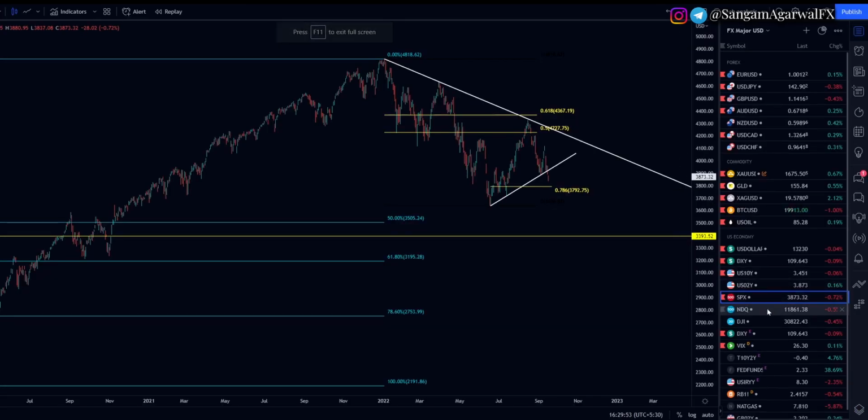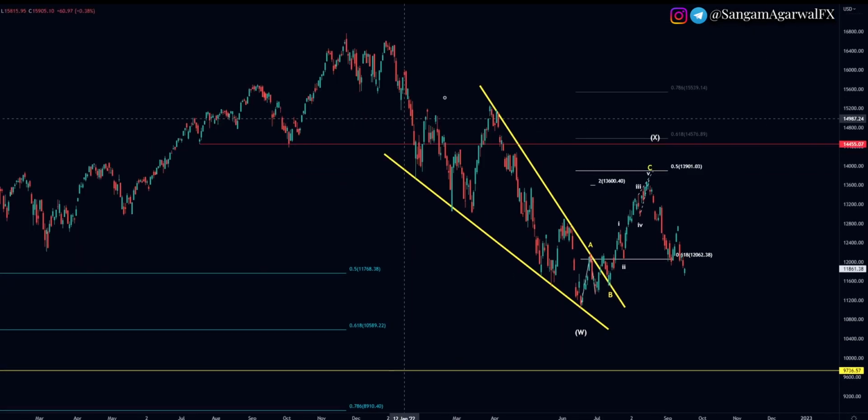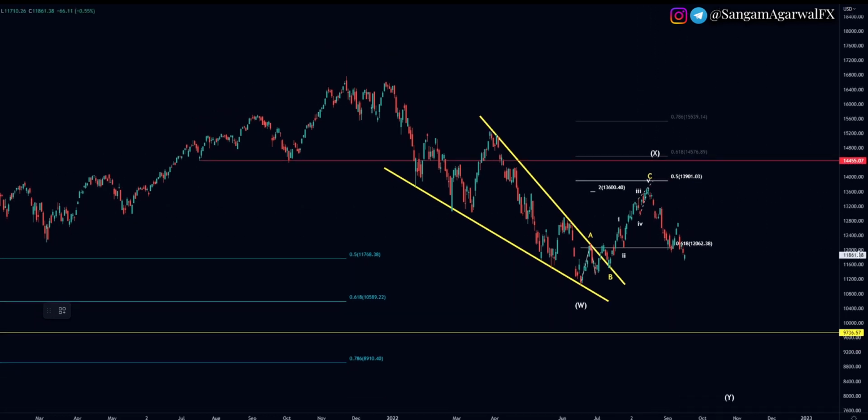And if we go to NASDAQ, then first of all it is making this falling wedge pattern, or based on Elliott wave you can say it is a leading diagonal chart pattern. And this can be your wave W, and this was the wave X correction, and right now we are in wave Y, so a new low is coming.